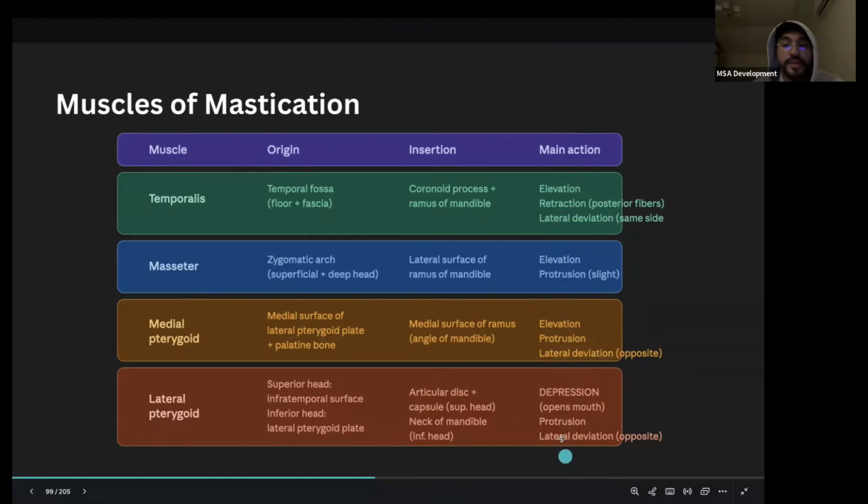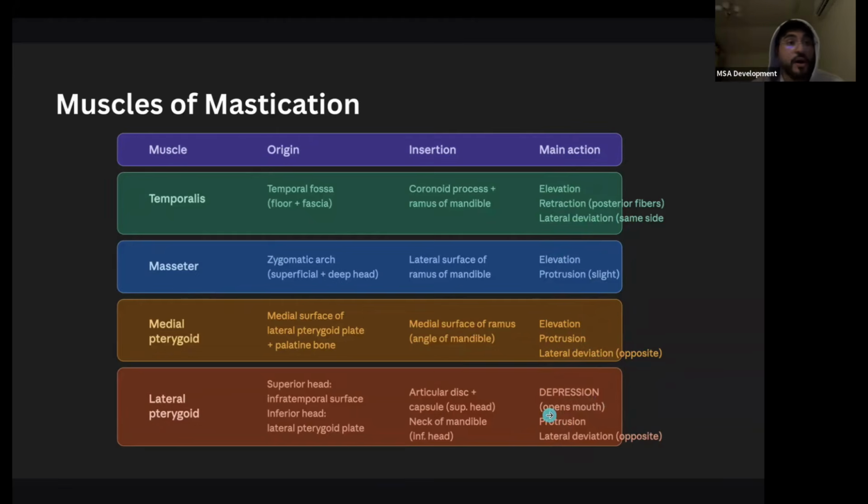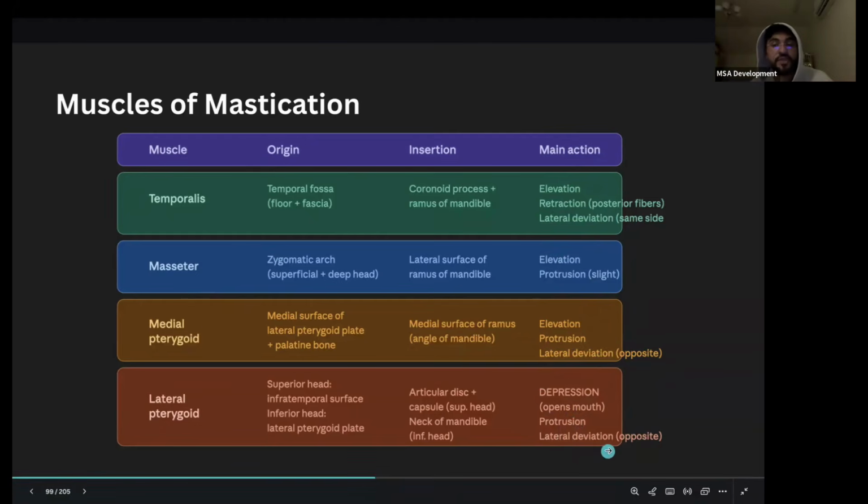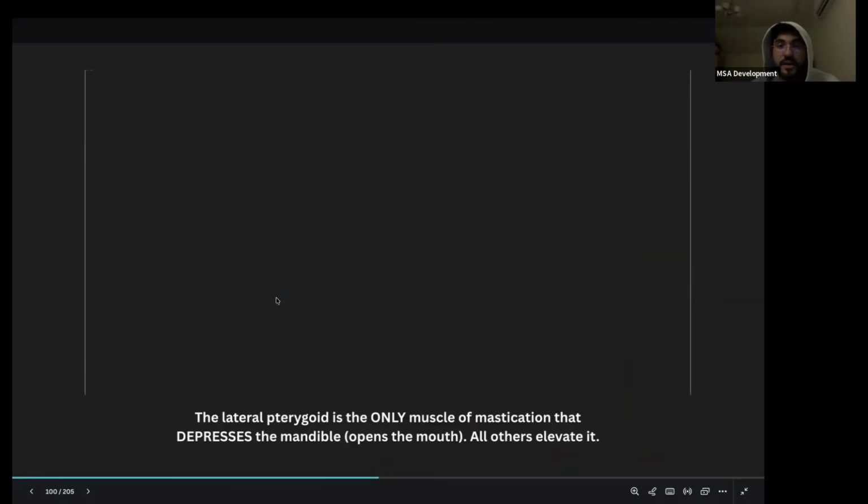And the lateral pterygoid helps with the depression of the mandible, so it will basically open the mouth. So depression of the mandible, protrusion, and lateral deviation. Very important. All are supplied by the mandibular nerve. So it's very important that you know the actions and the way that you locate them.